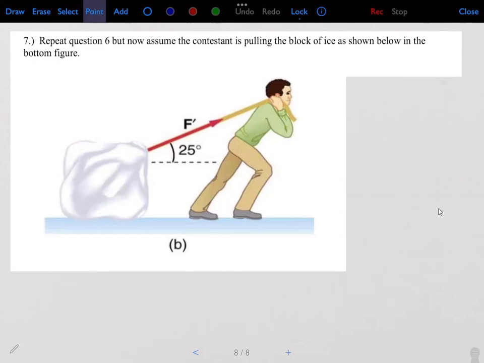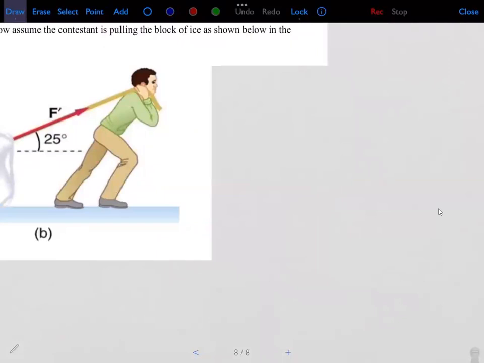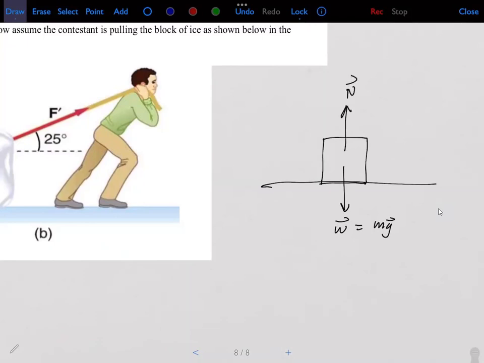All right, so same situation. Let me draw this out. So what are the forces acting? Well, I have the weight. I have the normal force. I have this applied force now, which is up, which we call F prime.